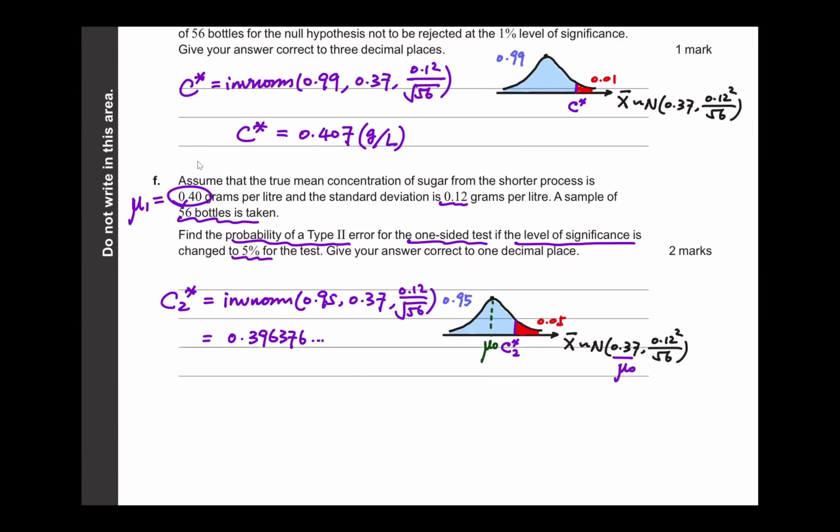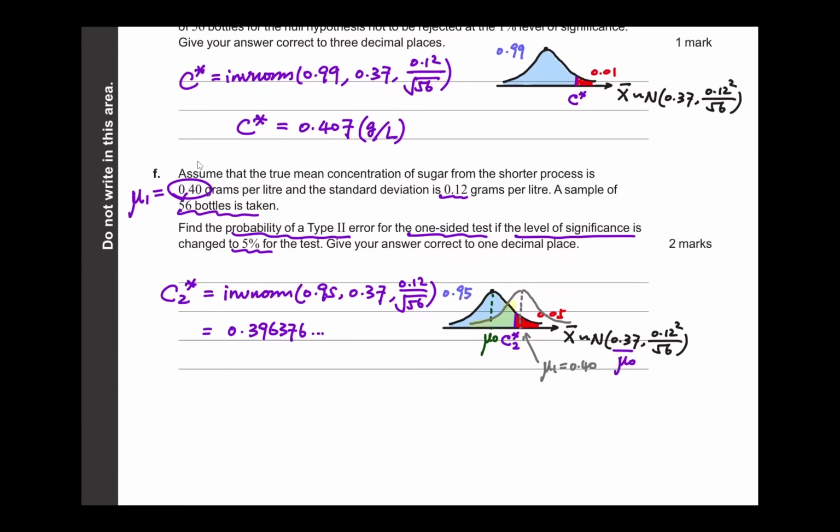And now, just notice, this was my mu0, which is 0.37. My actual mean is 0.40. Therefore, I would draw a slightly different curve located somewhere else. This is mu1 equals 0.40. So what I'm trying to find is the opposite.